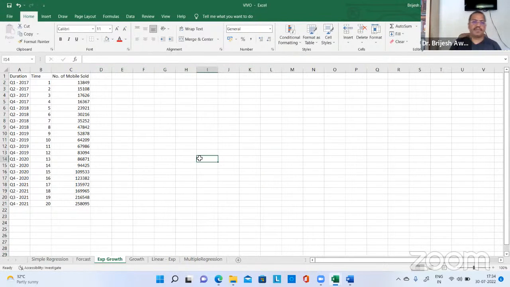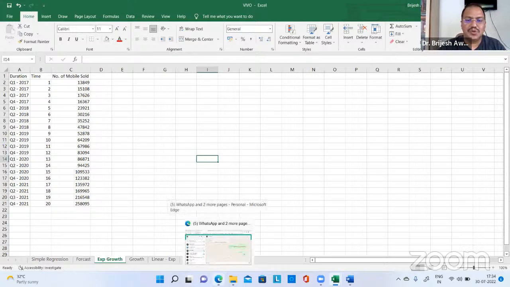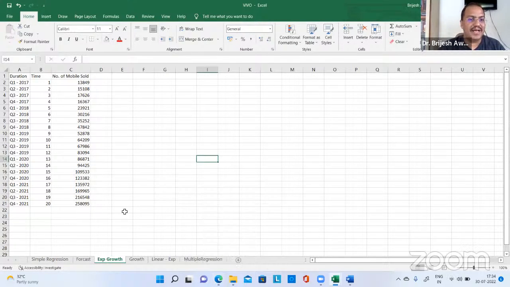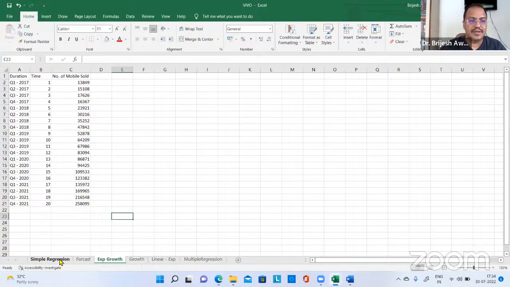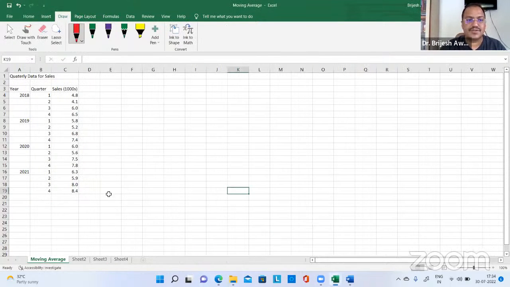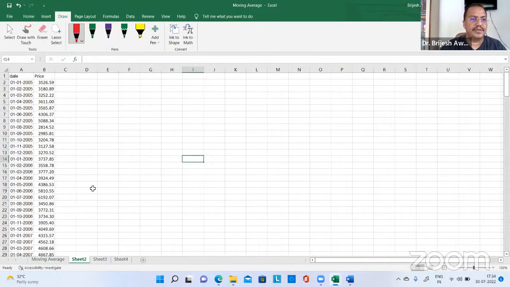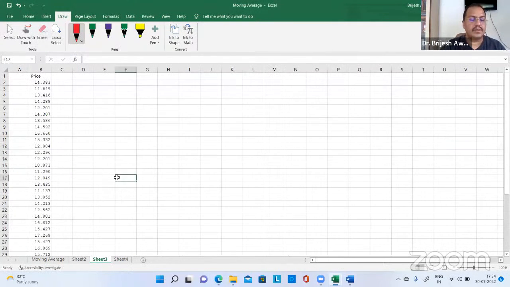Right. Now, the next method is a little bit complex. I know it very well, but we have to understand it. And what should I do? I'll take this sheet, right?